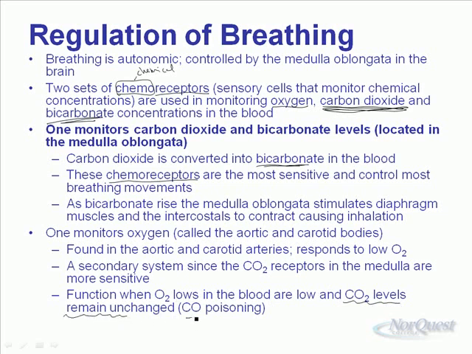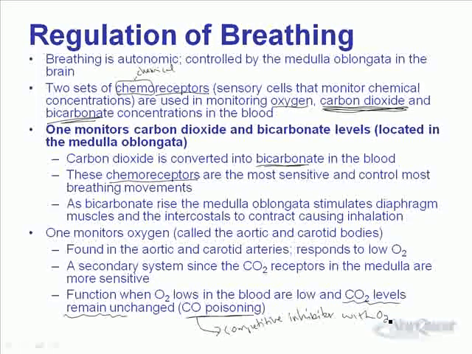oxygen levels. So for example, if we're suffering from carbon monoxide poisoning, CO2 levels aren't going to change very much because we're not producing more CO2. But what's happening is there isn't as much oxygen bonded to hemoglobin. Remember, carbon monoxide is a competitive inhibitor with oxygen.